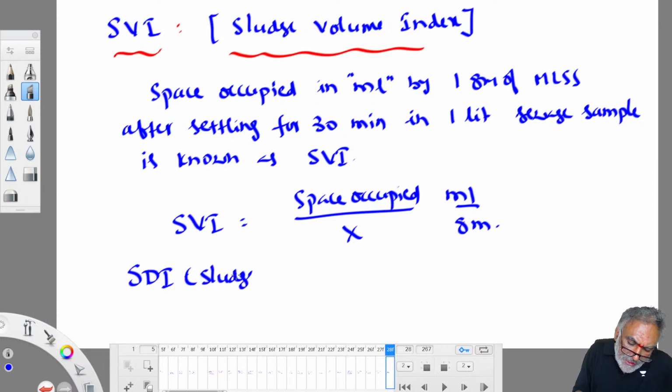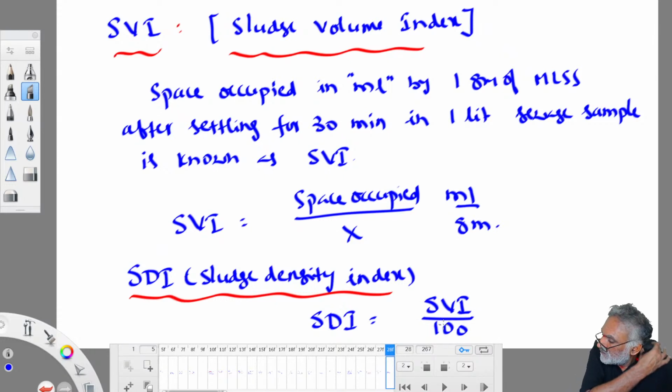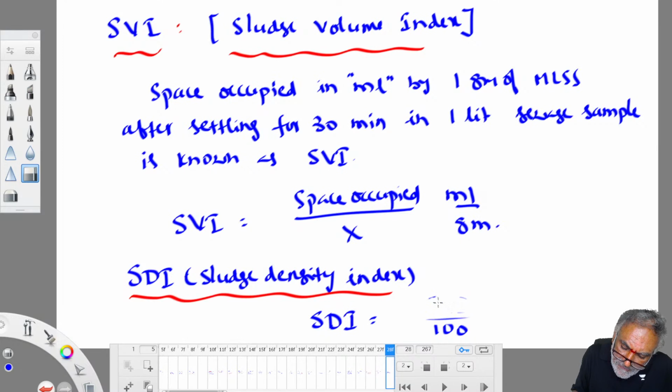In the GATE exam, one time this question was also asked. Sludge density index: the sludge volume index per 100 ml is known as the sludge density index. So the sludge density index is equal to sludge volume index by 100. Oh sorry, 100 by sludge volume index.